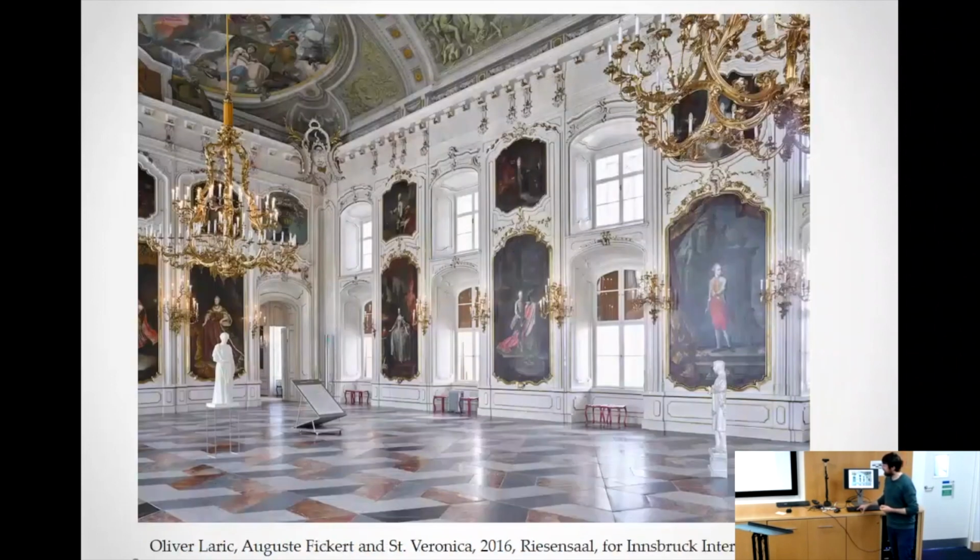So Oliver Laric, whose work I showed you a little earlier, his 2000 clip arts. This is a very different kind of project in that he's making replications of famous Viennese sculptures using 3D printing technology. And I want to show you this, because how's that for a place to show contemporary art? Innsbruck does have some nice venues.